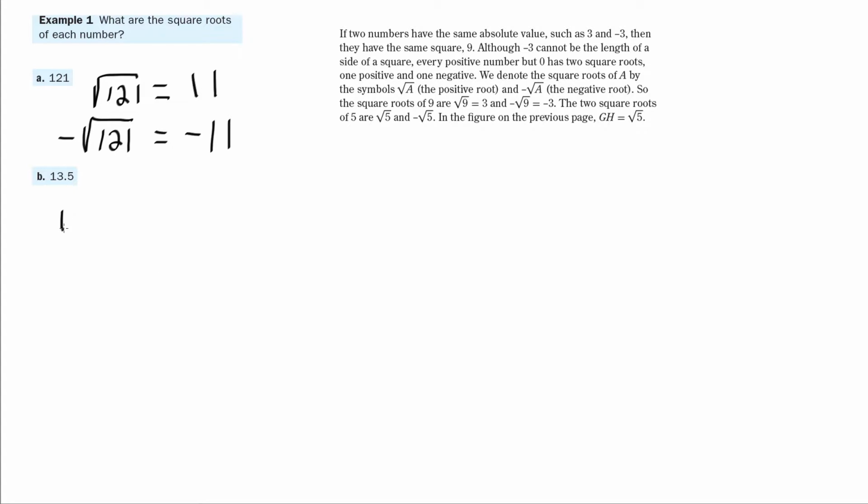What is it for 13.5? Can we write this as an equals? If you put this into your calculator, do you get something that you could write as an exact answer? I think if we take the square root of 13.5, it doesn't look like we're going to get an exact answer here.